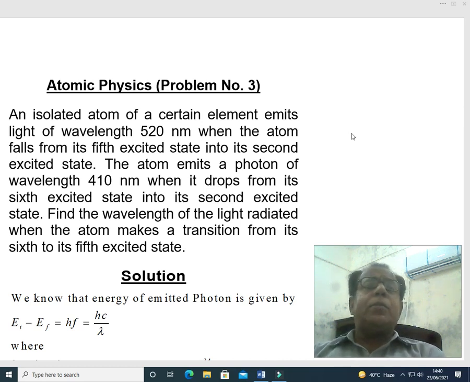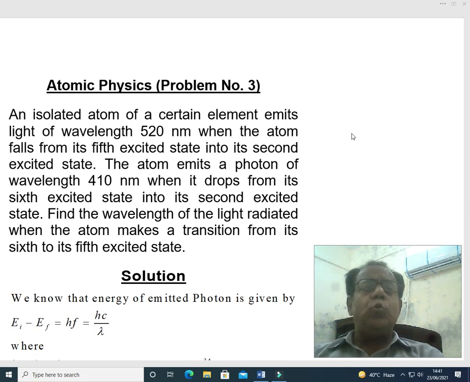First fifth to second, then sixth to second, while we have to find the wavelength of the light radiated when the atom makes a transition from its sixth to its fifth excited state.